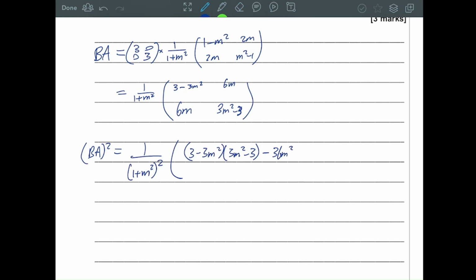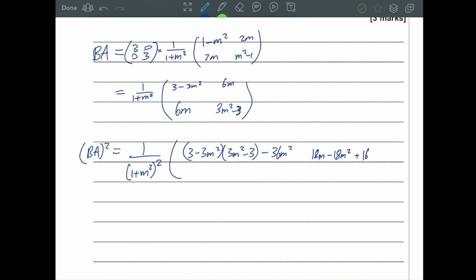My next component I'm kind of hoping will disappear entirely, so it's going to be 18m minus 18m squared from that times that, plus 18m squared minus 18m. Okay, good, that's coming out to be 0. The next component is 18m minus 18m squared plus 18m squared.